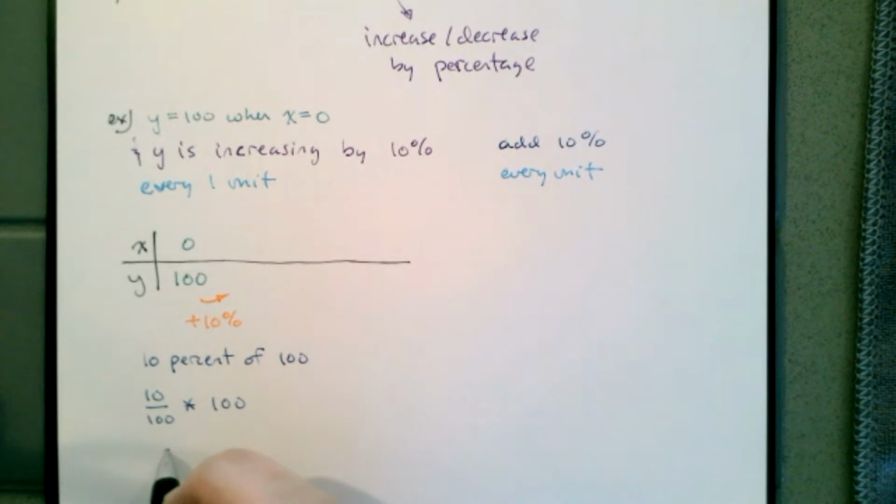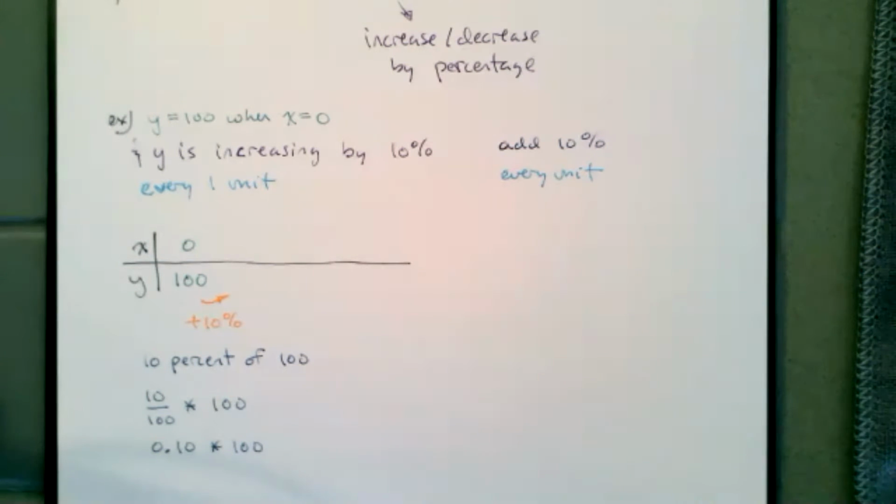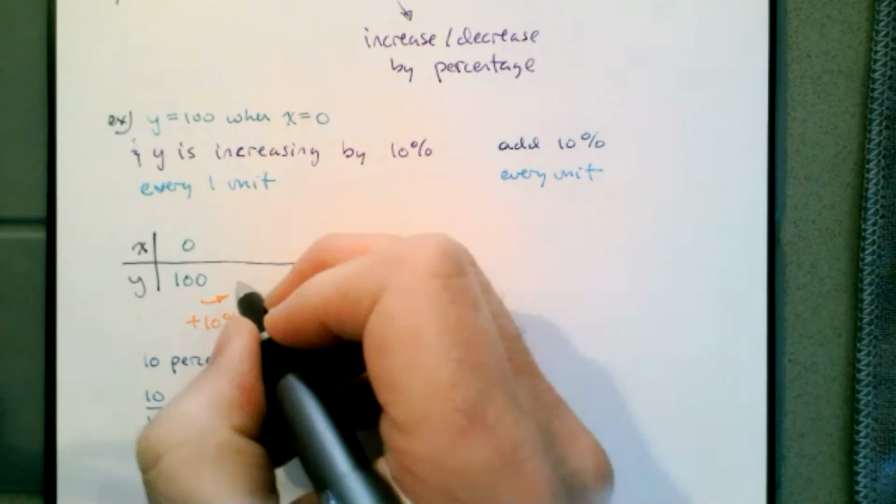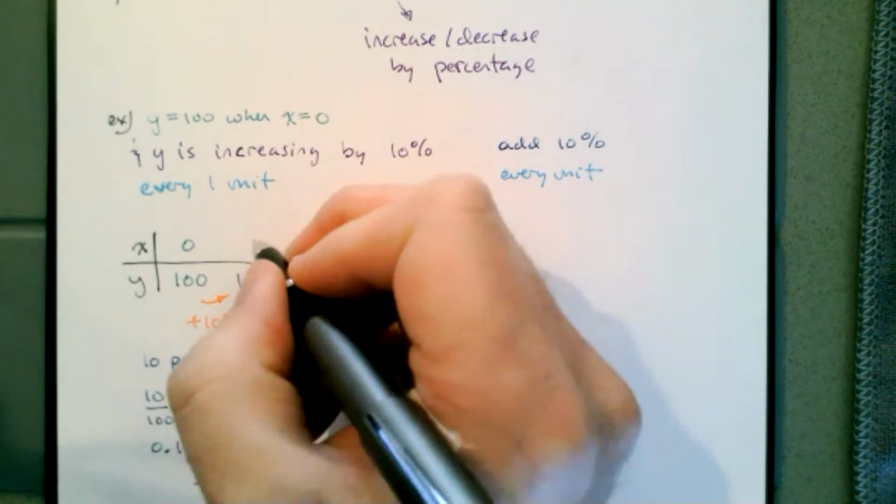This we usually write as 0.10, and we'll multiply by 100. But we're just taking this statement, 10% of 100, and translating that into math operations. 10% per 100. Of is multiply, and then 100. 0.1 times 100 is 10. So when we add 10%, we add an amount 10. So we end up at 110.